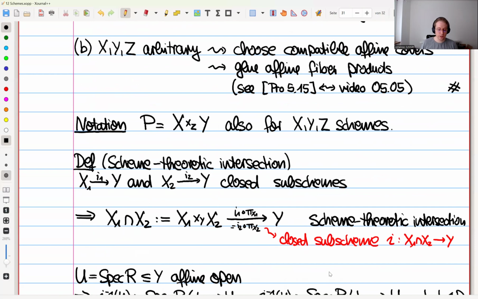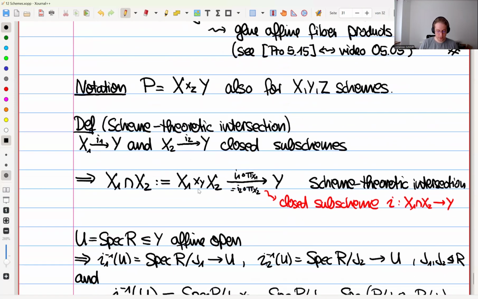So what this now also allows us is to do some scheme theoretic intersections for arbitrary schemes. You have already seen what the intersection of two affine subschemes is. And now, whenever you have two closed subschemes, X1 in Y and X2 in Y, you define their intersection as just the fiber product over Y, because these are now two schemes over Y, so you can take the fiber product.